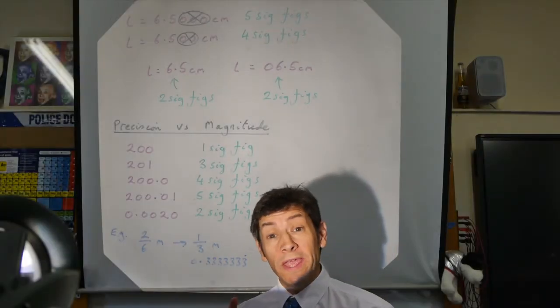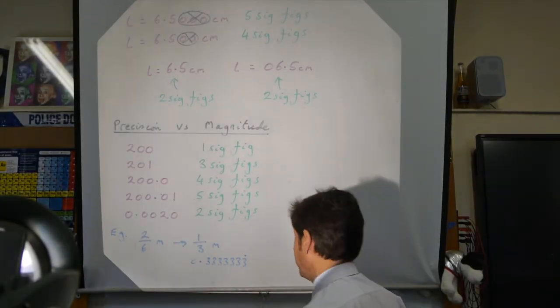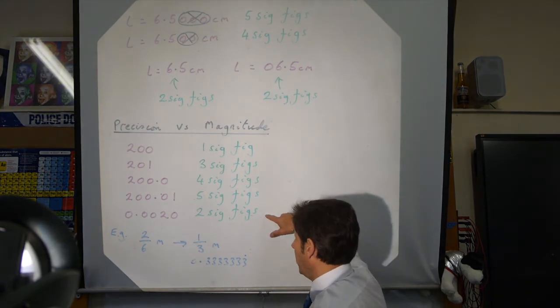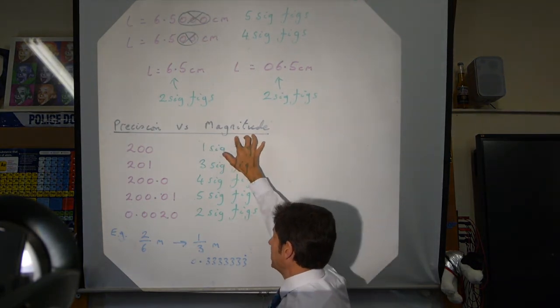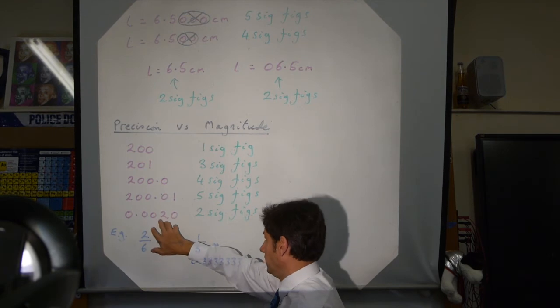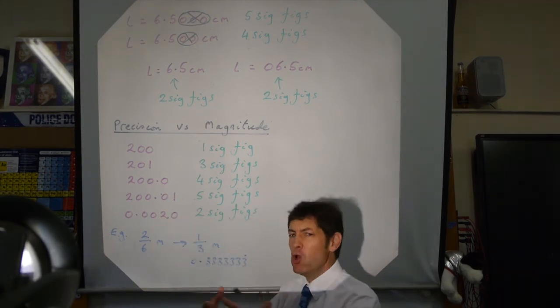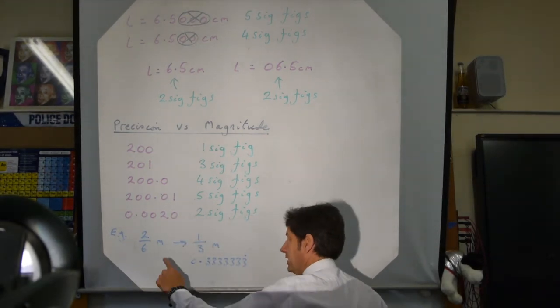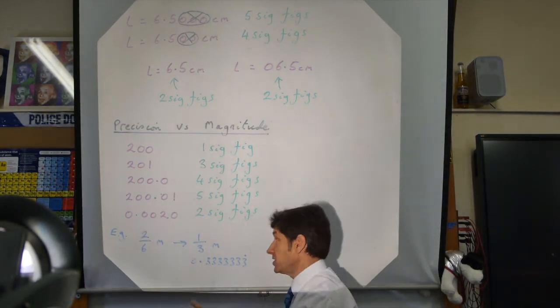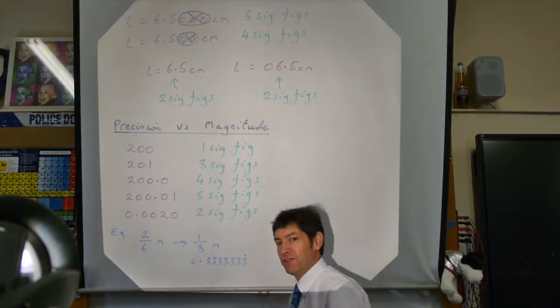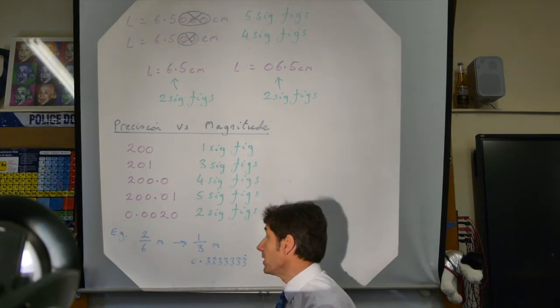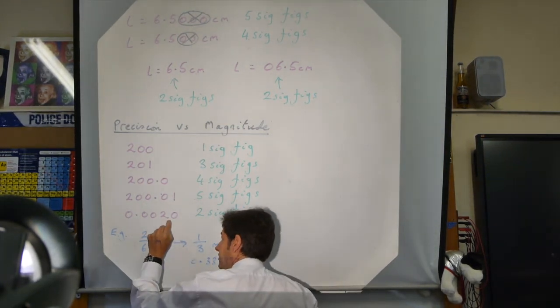Oh, just before we finish on this, I forgot to mention something. It's this one. We were talking about the magnitude of this one, so it's a small number, low powers of 10 is a way of thinking about it. And you may be concerned that those zeros are not significant. But of course, what we're going to do is put this into standard form.